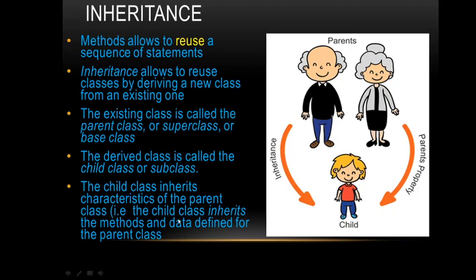And when the child inherits some property from the parent, whatever the parent has, that property will be automatically inherited by the child, so that the child will have all the member variables which it has plus the member variables which are inherited from the parents. So that is nothing but the reusability feature in object-oriented programming.